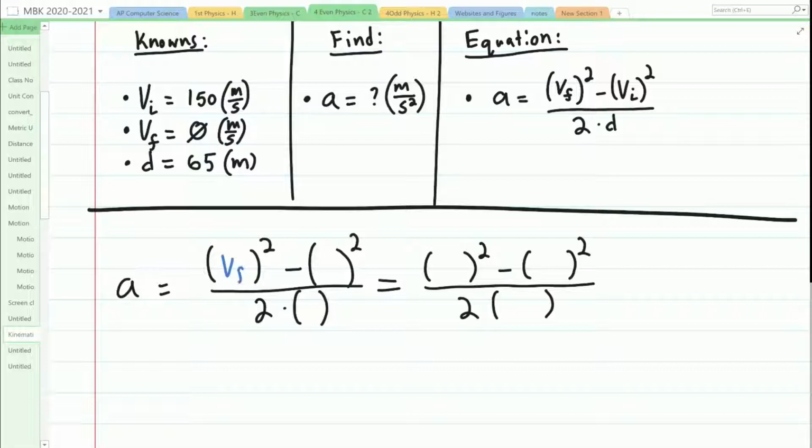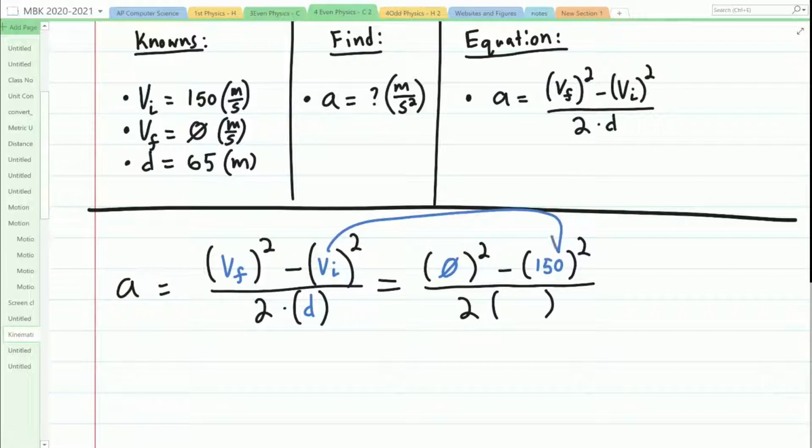So I've got V sub F, V sub I, and I've got D. So anywhere that I've got my variables, I'm going to remove the variables and then I'm going to insert what those variables are equal to. Okay. So V sub F is going to be 0. V sub F would be right here. V sub I is going to be 150.